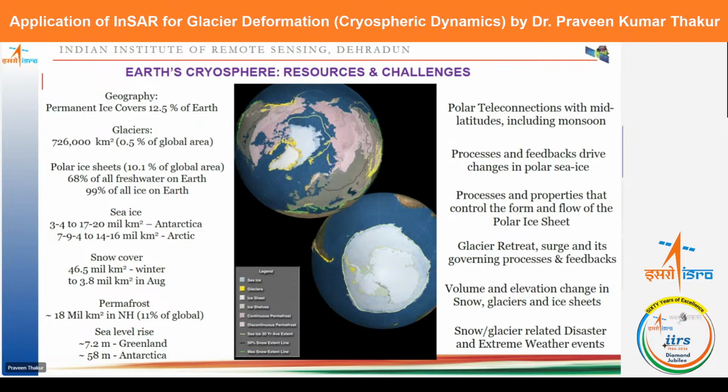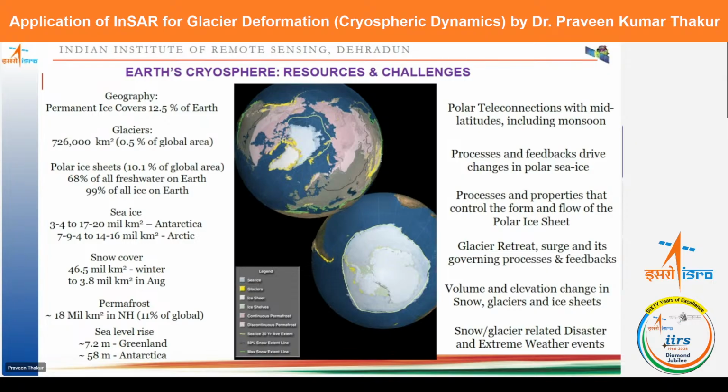The challenge for us as Earth scientists is to connect the polar teleconnection with the mid latitudes, including the Indian monsoon. How do global processes and feedbacks drive the changes in the polar sea ice? What are the properties which control the form and the flow of the polar ice sheet? How are glacier retreat and surge, and their governing factors and feedbacks, linked?